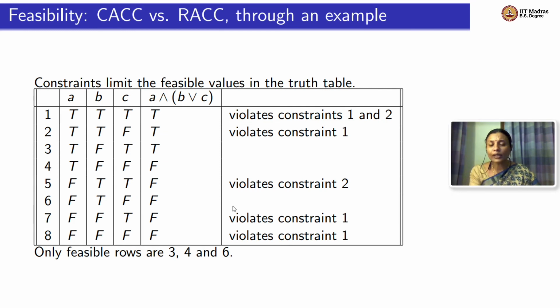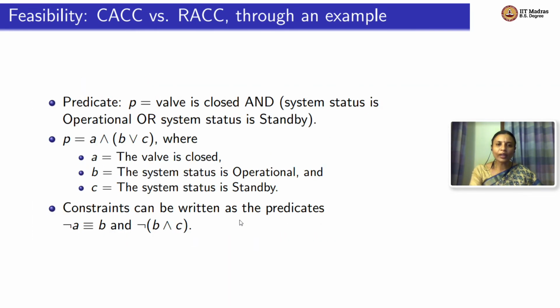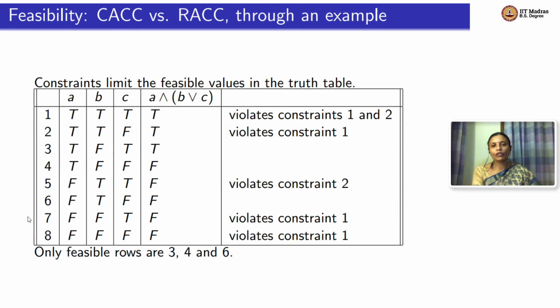So all these rows are ruled out in the sense that they cannot be used to satisfy our test requirement for this predicate. We are left basically with rows 3, 4, and 6 because they are valid rows where the predicate becomes true or false and they don't violate either of the two constraints. That's what we are left with.